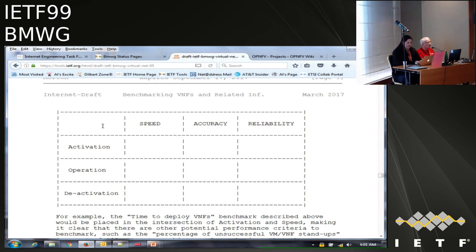And the way this matrix works is this. We have these different phases of communication listed in the first column: activation, operation, and deactivation. So you can think of setting up a path, and evaluating the performance of that path in terms of its throughput, the transmission rate, latency, loss ratio, and reliability aspects of that path.